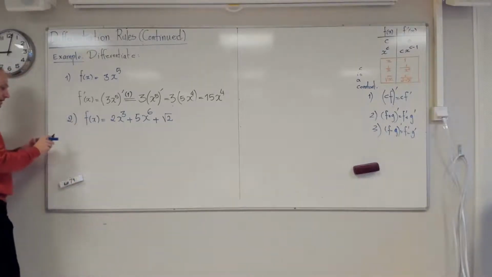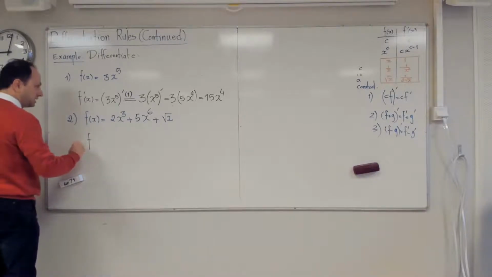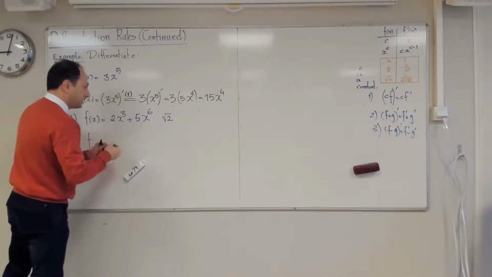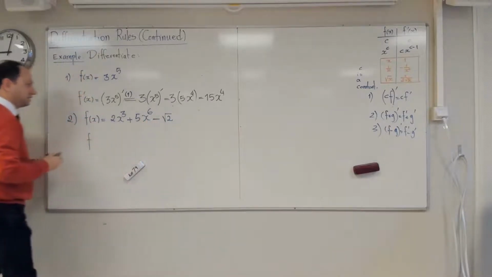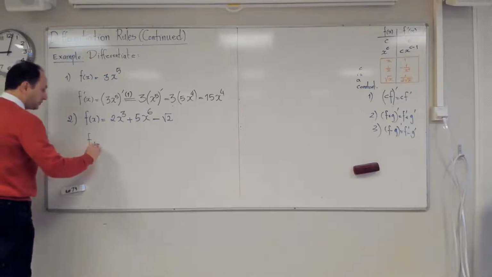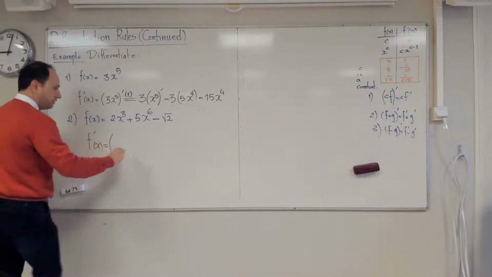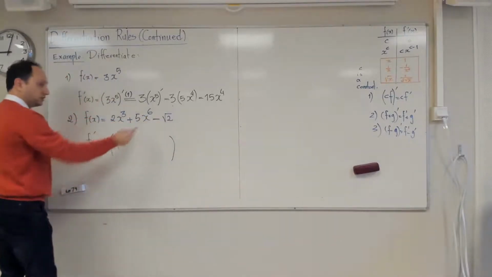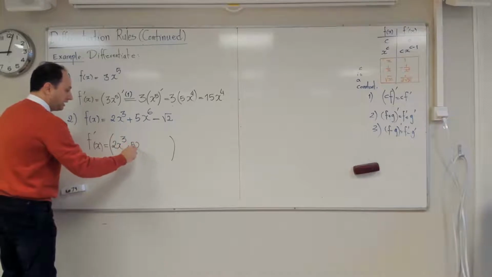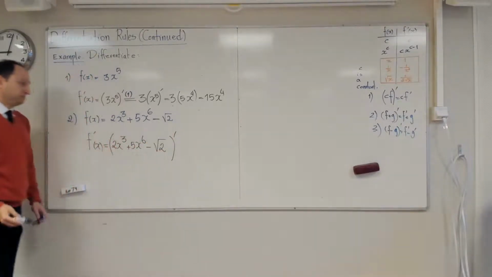If I want to take the derivative of this, the way that I think about the problem is this. Do you mind if I change this one to negative? Because I want to have a combination of positive and negative. It doesn't matter actually. So here, f prime of x that is wanted in the problem is the derivative of the whole expression: 2x to the 3 plus 5x to the 6 minus square root of 2, prime.